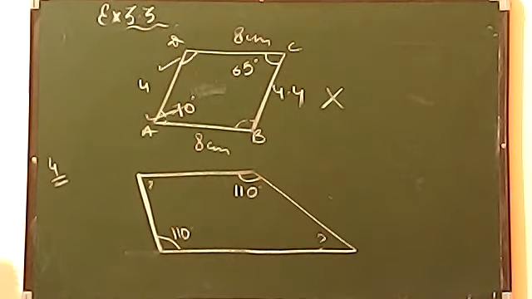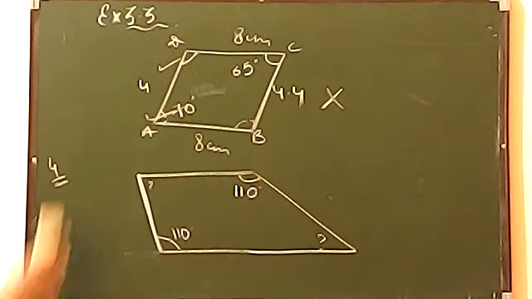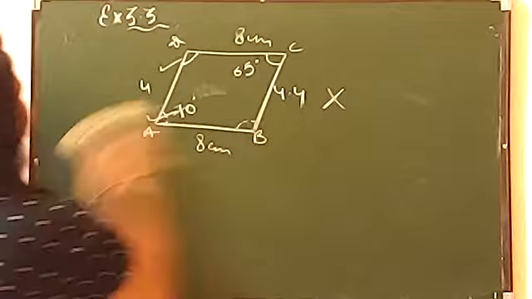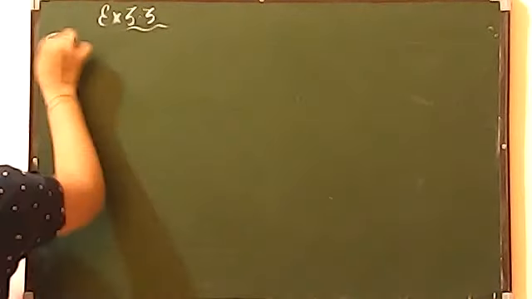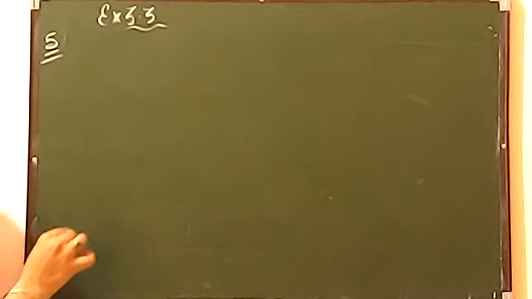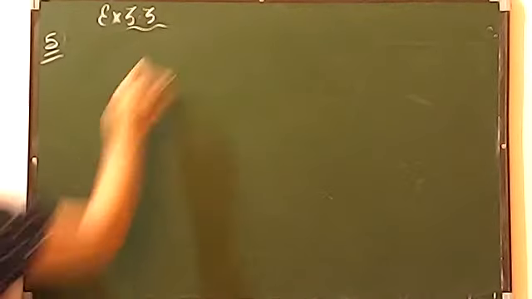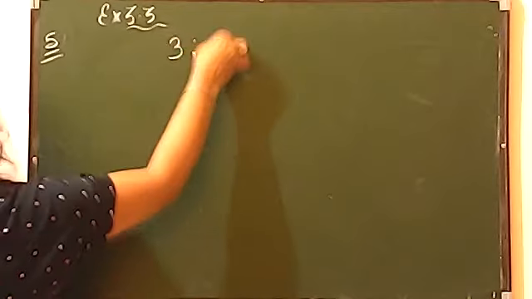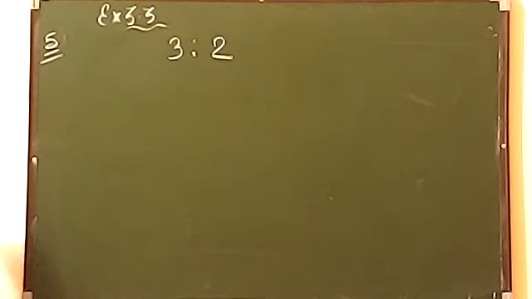Okay. So now question number 5. Question number 5 is telling here you have a parallelogram in which two adjacent angles are given in the form of ratio 3:2. Okay, 3:2 adjacent angle. अभी हमने पढ़े adjacent angles are supplementary always.